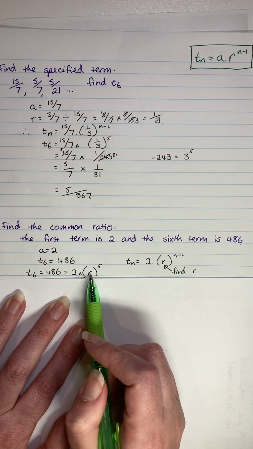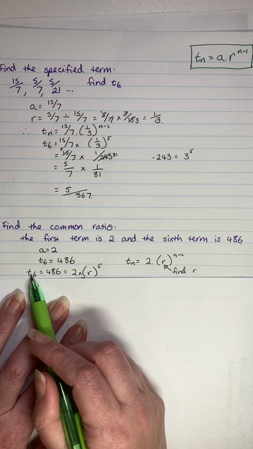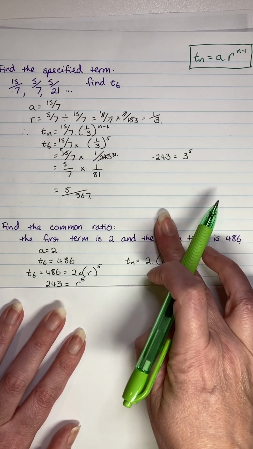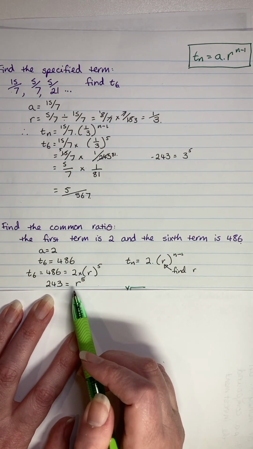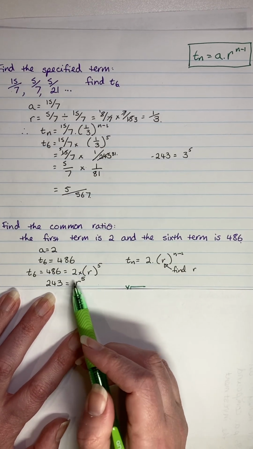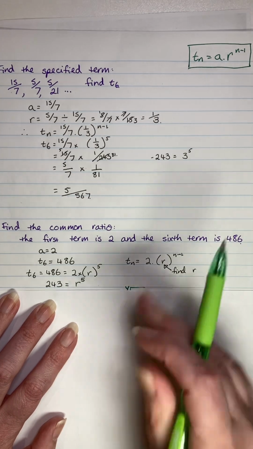We're trying to find R now, and it's to the 5 because it's 6 minus 1. And that means that now we can solve the problem and work out what R is. We find 243 equals R to the 5.